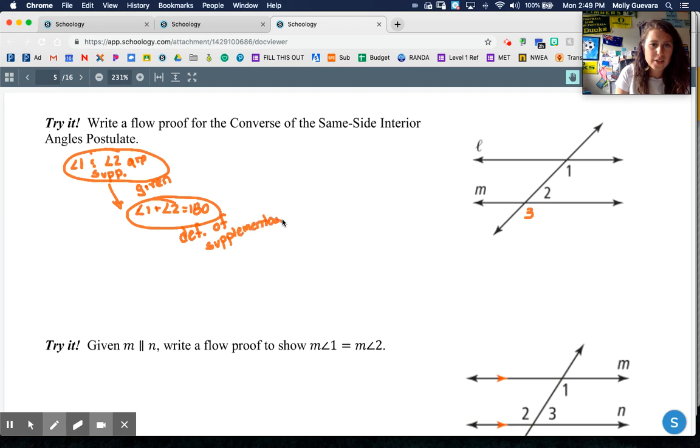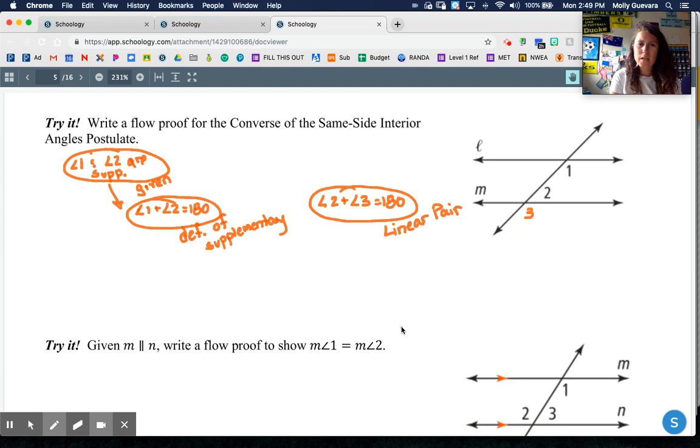Right, by definition of supplementary, 1 plus 2 equals 180. I'm also noticing here that angle 2 plus angle 3 equals 180 because those are a linear pair. So hopefully that makes sense, right?